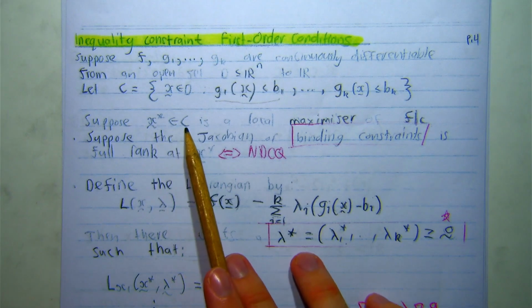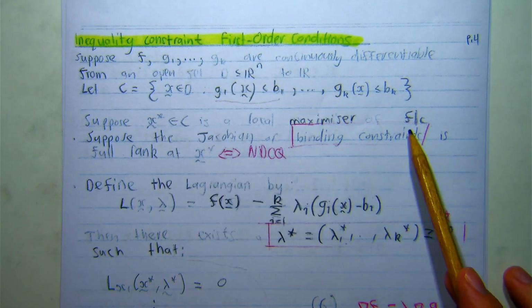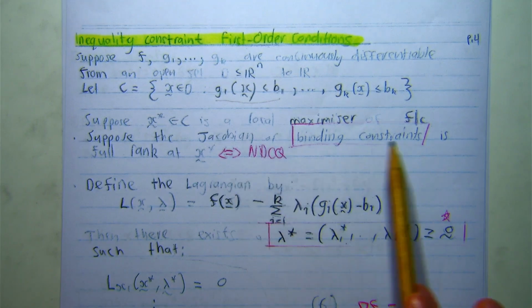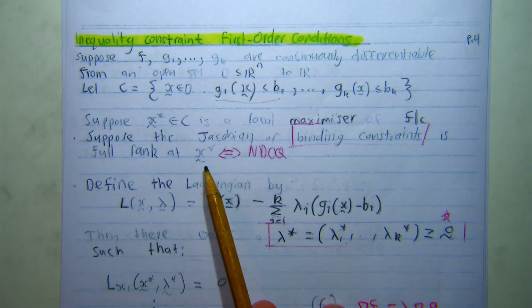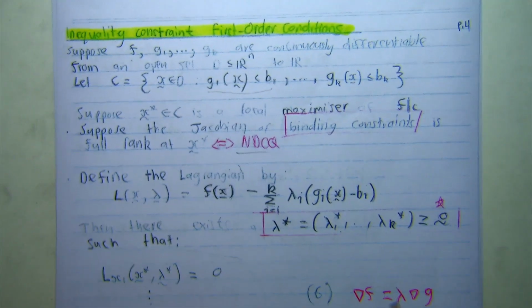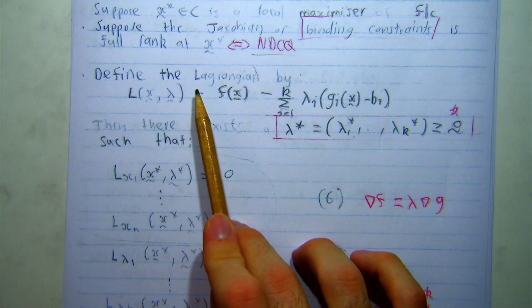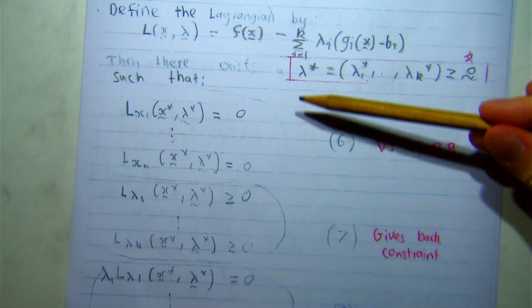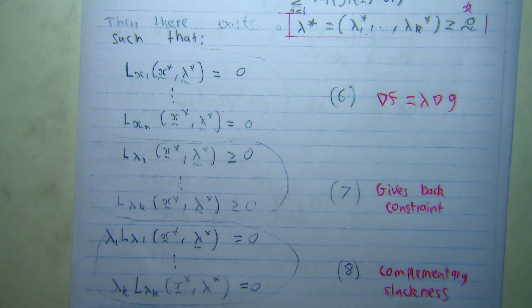Suppose x star is in our constraint set and it's a local maximizer of f on C. And suppose the Jacobian of binding constraints is full rank at x star. That's NDCQ, which I'll talk about in a second. Then for our Lagrange function defined by this, the critical point will satisfy these conditions. That's what the theorem says.